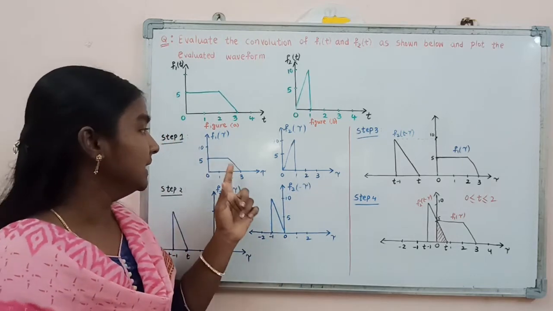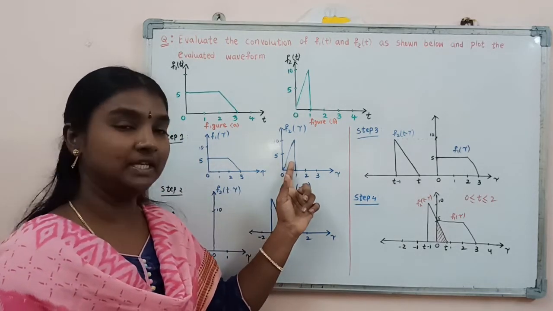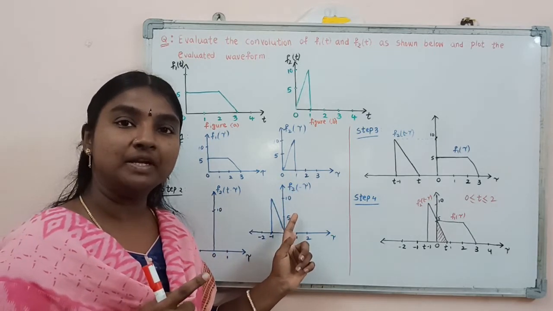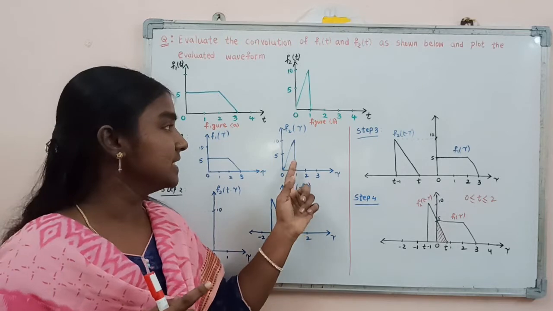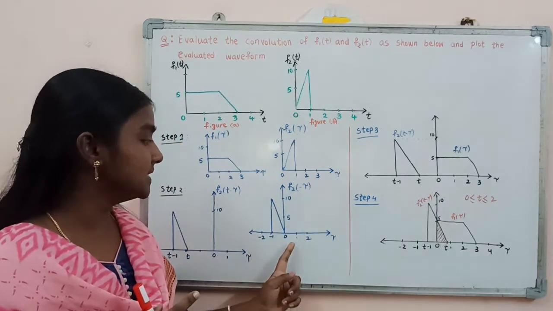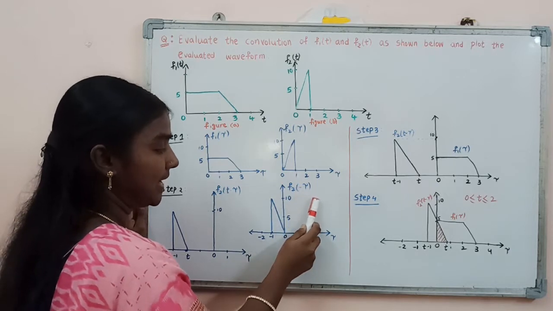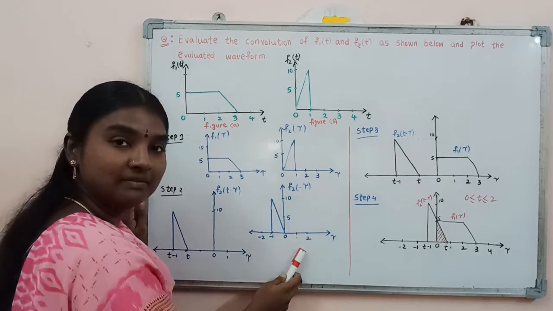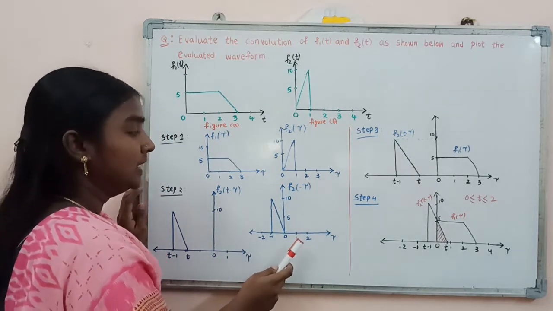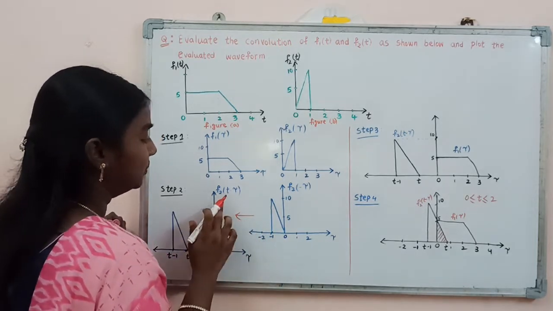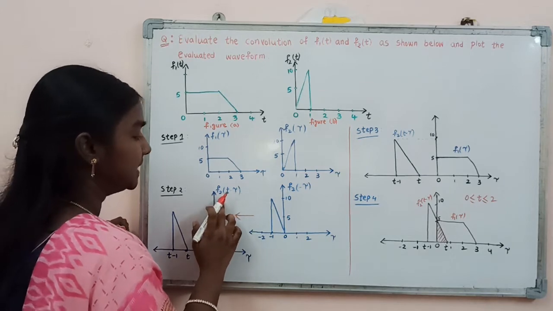In step 1, we draw with the independent variable tau, and in step 2, we find the reversal of the second signal. This is the reversal of f2 of tau, f2 of minus tau. Next, we need to find the f2 of t minus tau signal.